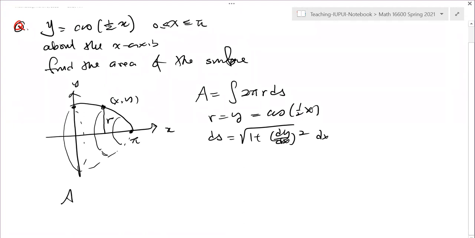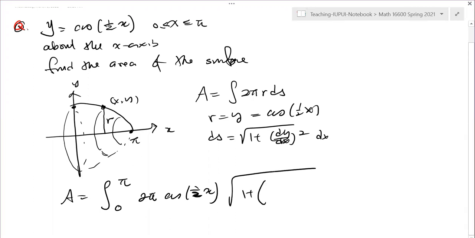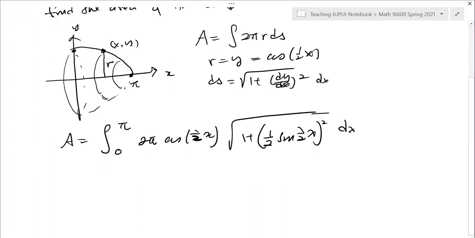All right, so the area is going to be from 0 to pi, 2 pi cosine half of x, and then you differentiate cosine, so it's going to be negative sine, so negative is gone, so I just sine half of x squared and dx. So that is the integral for the surface area.